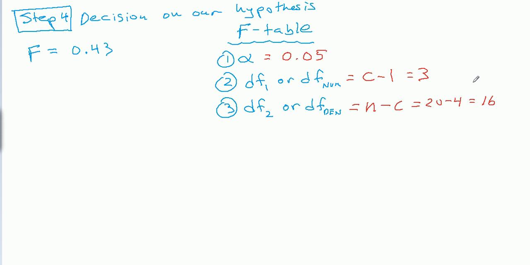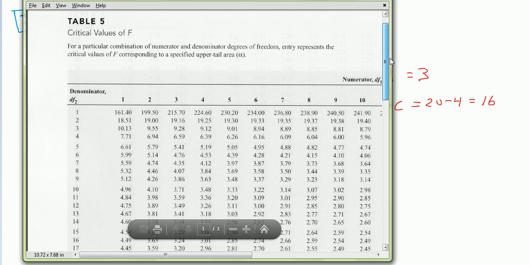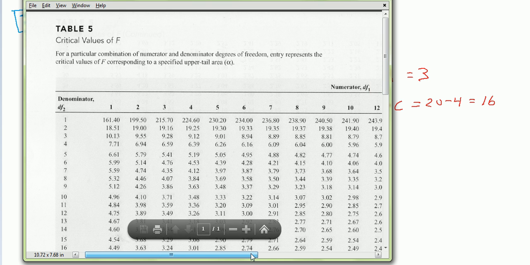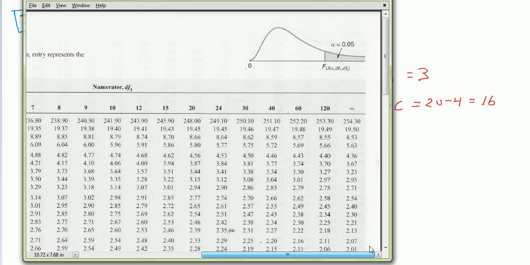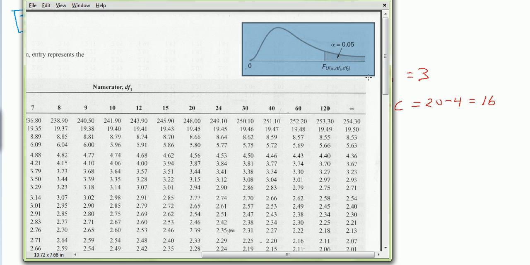Once I have these 3 pieces of information, I can go to my statistical table, which I'm going to superimpose on top of this video capture. This is the F table that I typically use in my courses. At the very top, there is a picture, a generic picture of an F distribution.